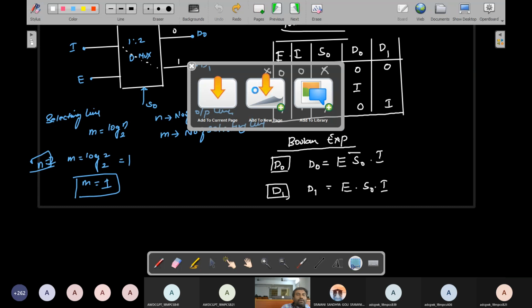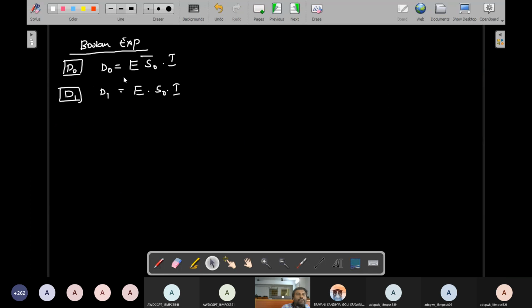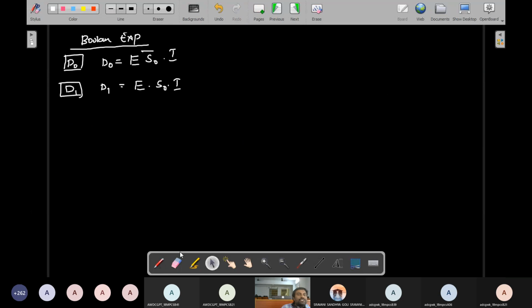Add to the next page. So these are actually the expressions. In these expressions I'll write the logic diagram using these expressions. So first of all, enable.